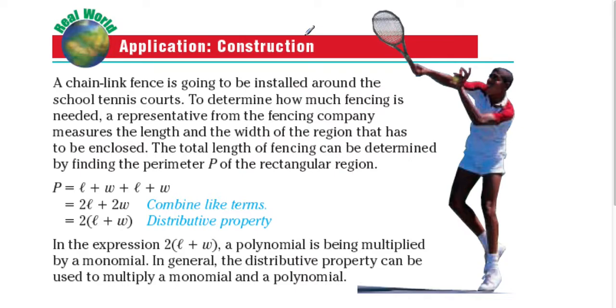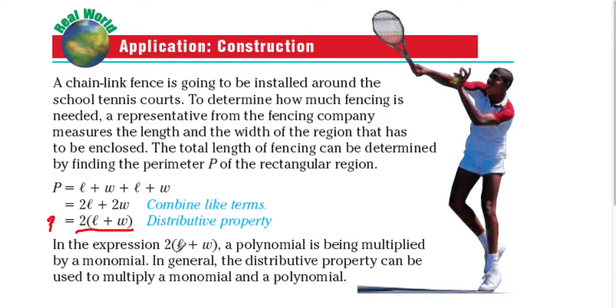We know that the formula for perimeter is length plus width plus length plus width, or simply 2L plus 2W. Simpler than that, perimeter is equal to 2 times the quantity L plus W.